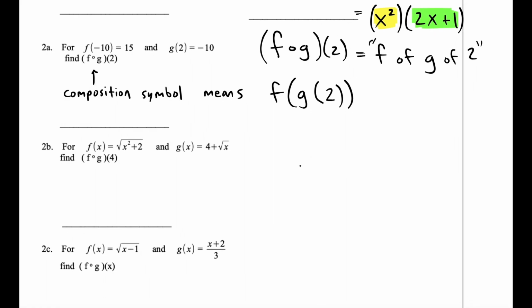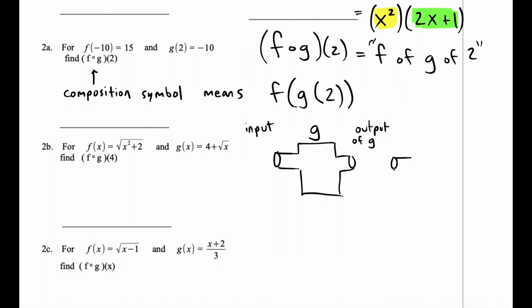Last time I made some analogies with some machines, saying that you could put something in on the left here as your input, and this could be a function g, let's say. Then you'll get an output of g, but that becomes the input of another function f.